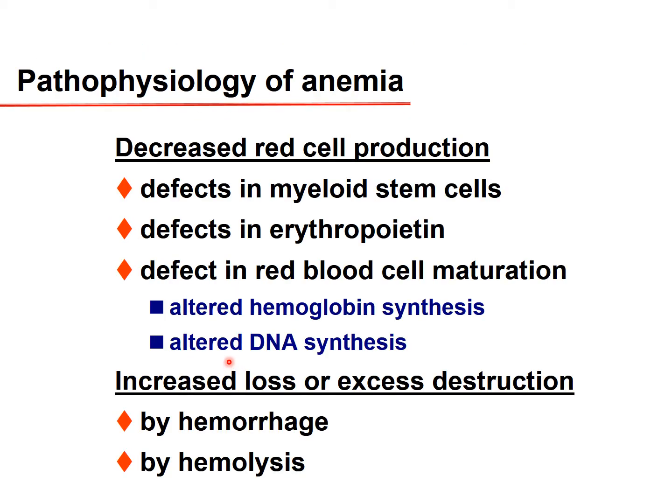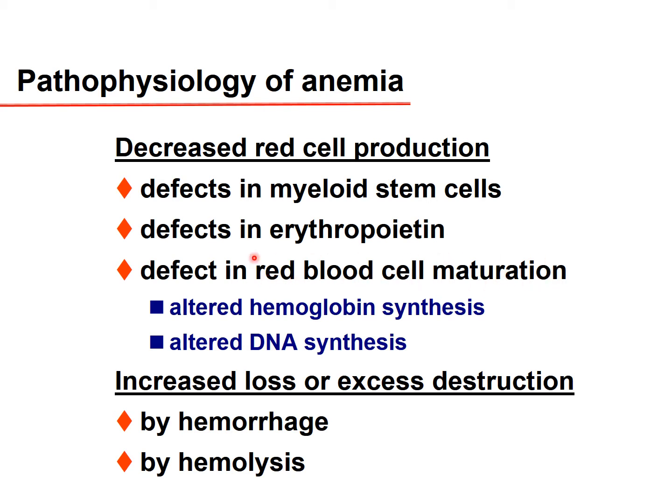Based on the pathophysiology, we can talk about situations when we have decreased red cell production. That can involve the myeloid stem cells, or a problem with the hormones that usually stimulate erythropoiesis, such as a defect in erythropoietin, or a defect in red blood cell maturation.